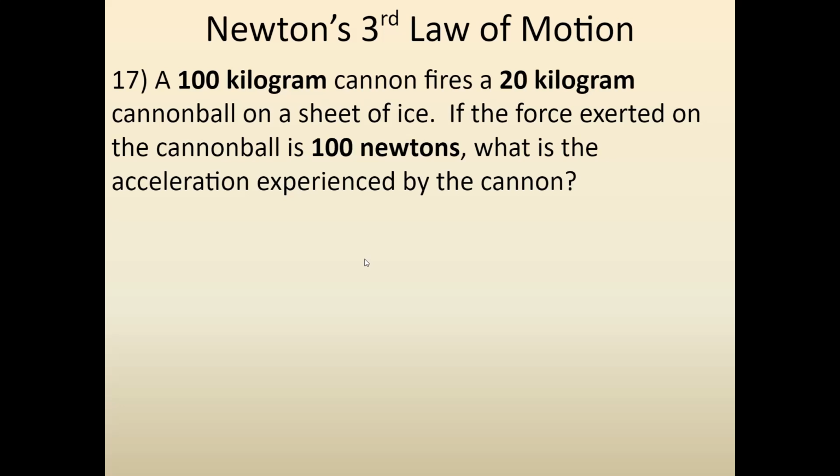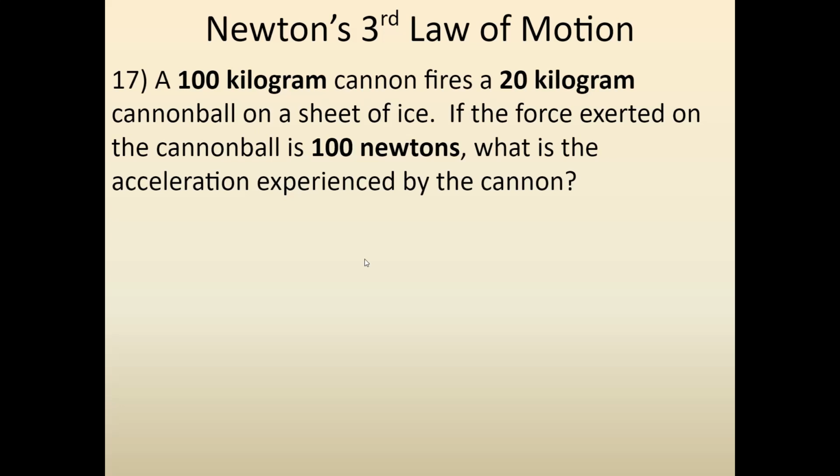All right, so this is almost the limit to the way that it gets used in calculations, where you'll be given information about one object. In this case, we're told that the cannonball is 20 kilograms and 100 newtons. And then we're told information about the cannon, and they want us to find the acceleration of the cannon.